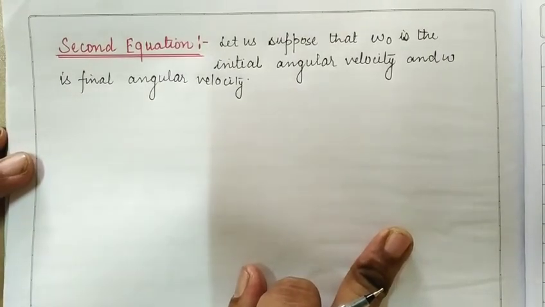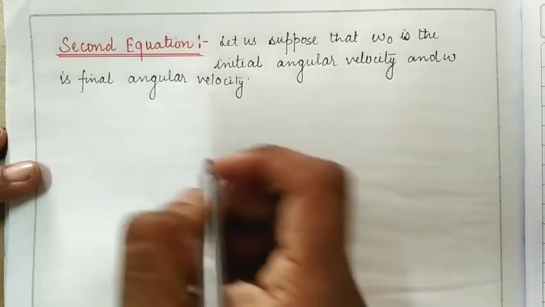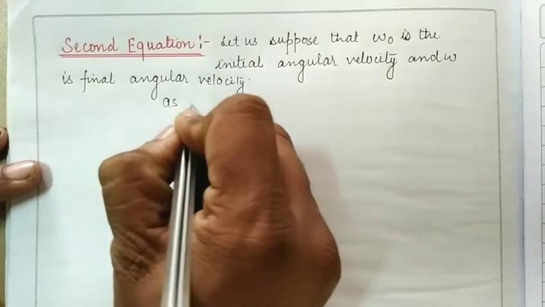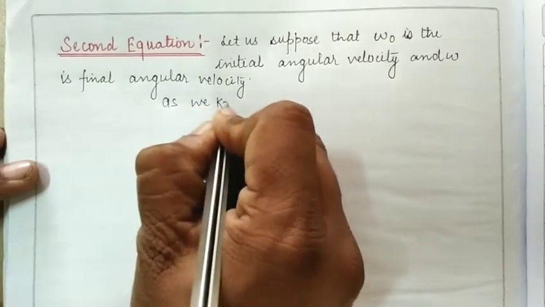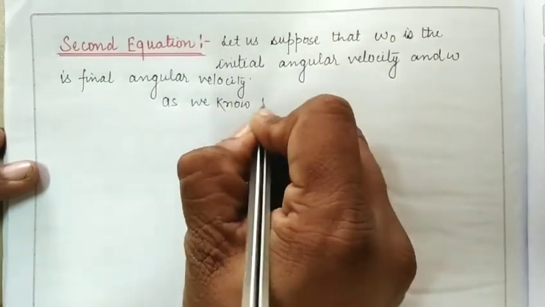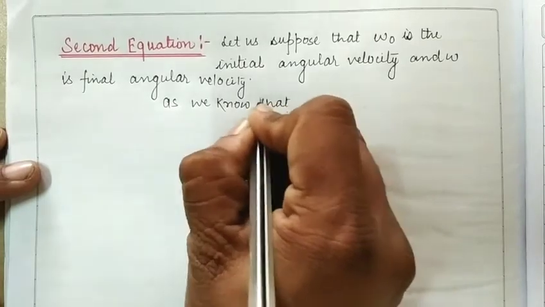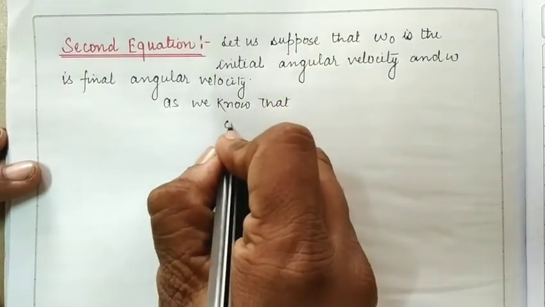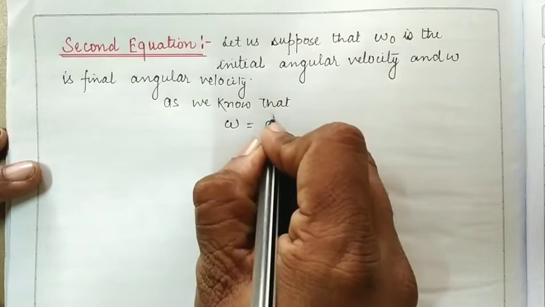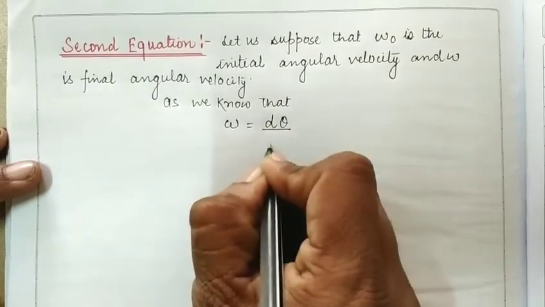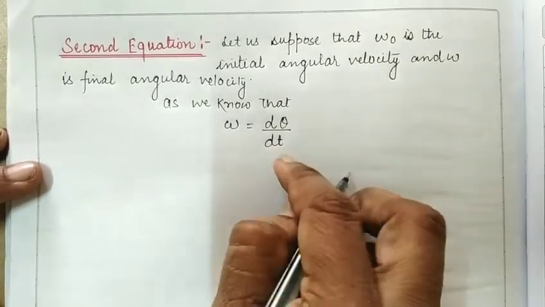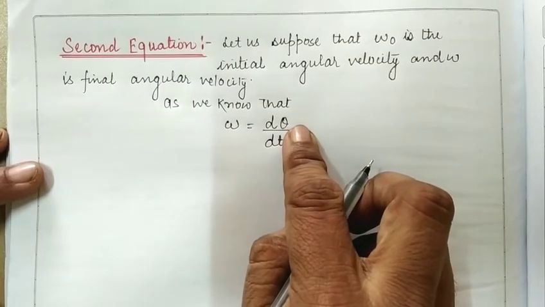Now we are going to calculate the total distance covered. As we know, the angular velocity equals the change in angular displacement with respect to time t. As the distance changes, the angular displacement will also change.